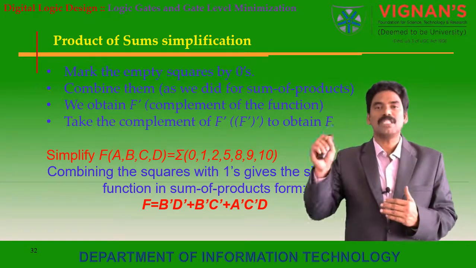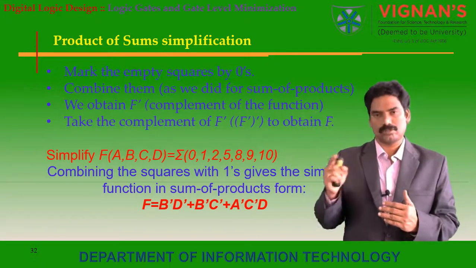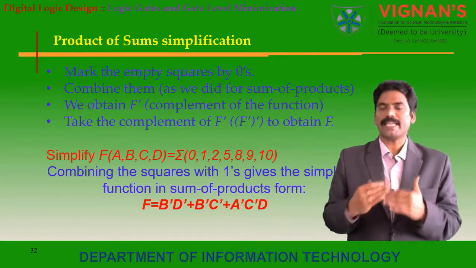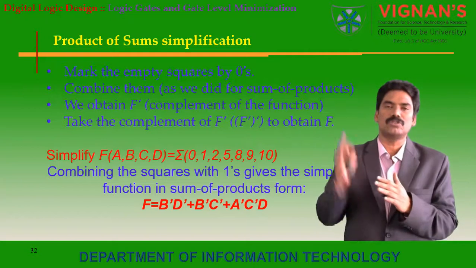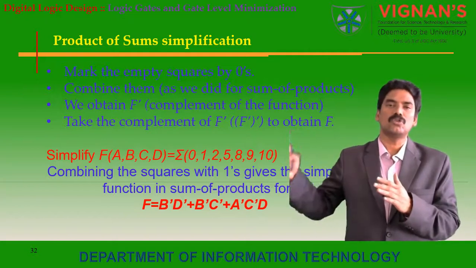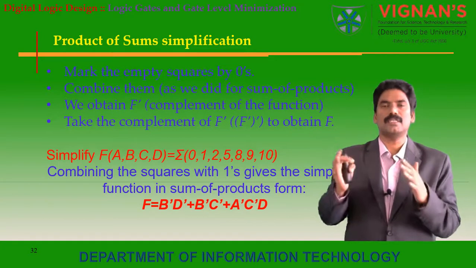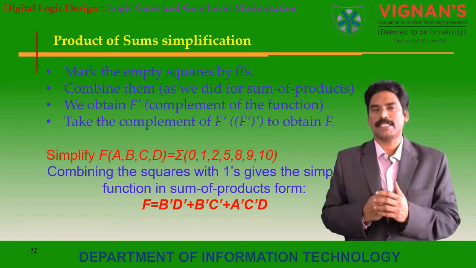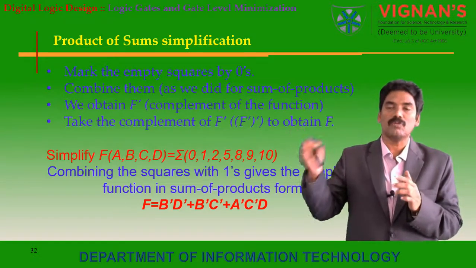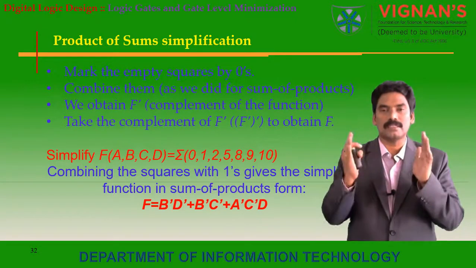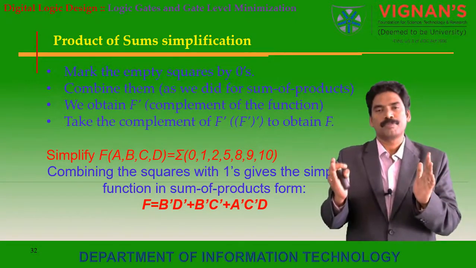Mark the empty squares by zeros. Till now, if a Boolean expression is given, for example f of xyz is equal to sigma 0, 2, 3, 4, 5, we are mapping ones in the K map for 0, 2, 3, 4, 5.